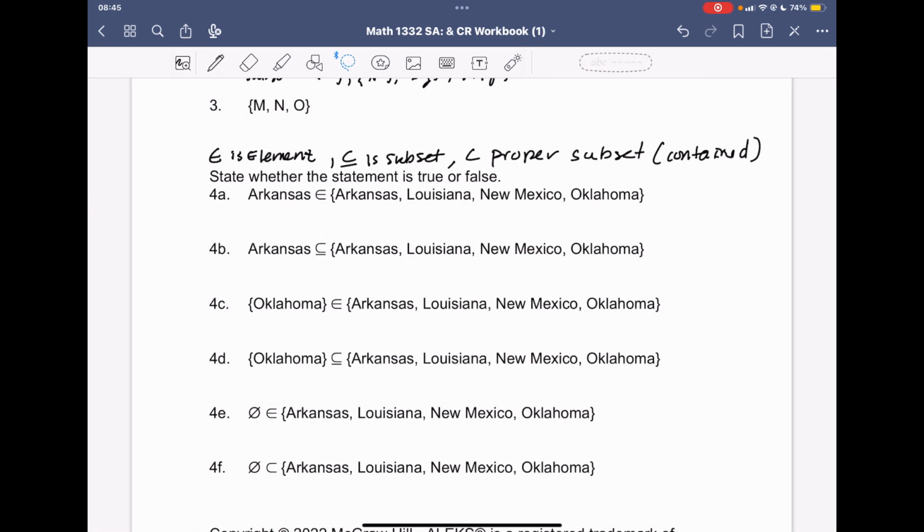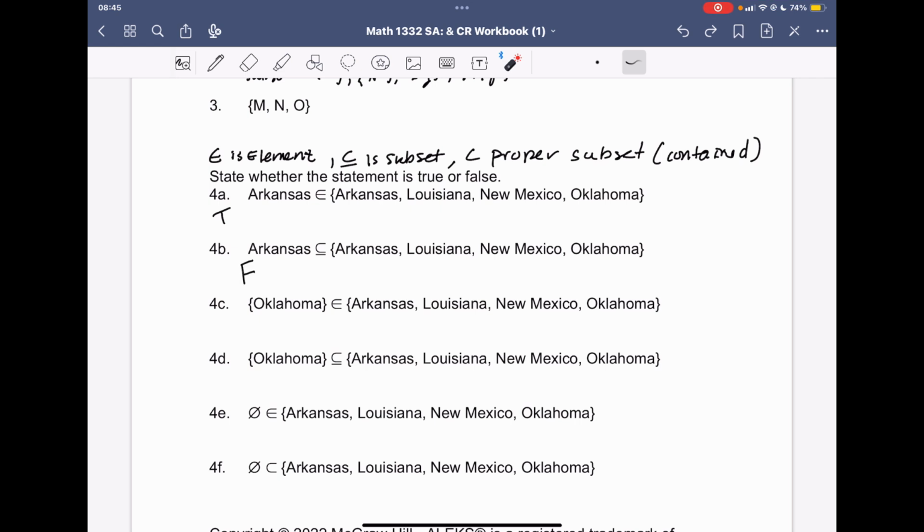Okay, so 4A is asking if Arkansas is an element of this roster, of this set, and that's true. And then 4B is asking if Arkansas is a subset of this roster. So that would be false because it does not have the set notation.